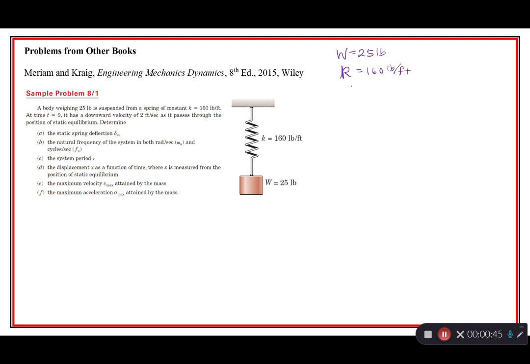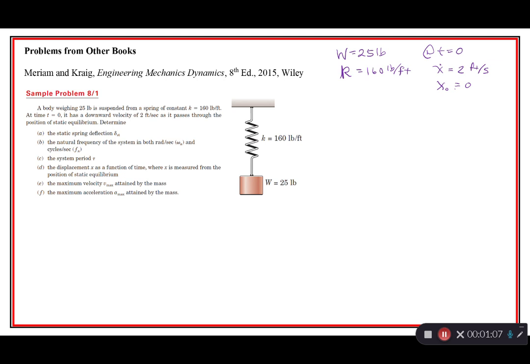At time equals 0, we have a velocity equal to 2 feet per second as it passes through the static equilibrium. So therefore, the position at time 0 is equal to 0.